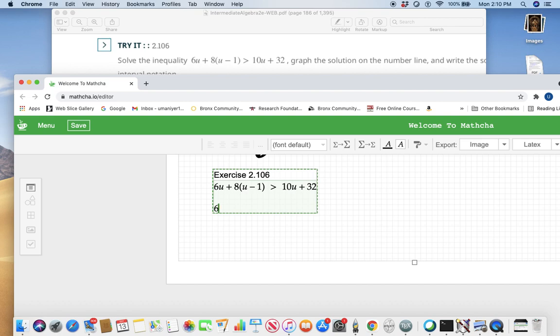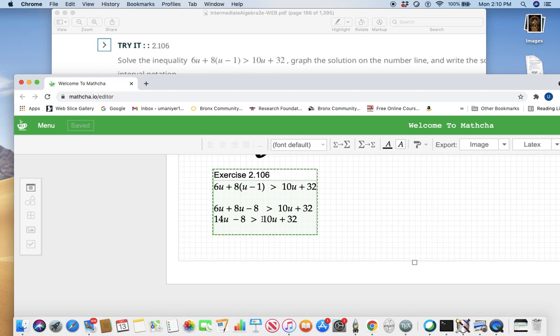So this is 6u plus, distribute, 8u minus 8 is greater than 10u plus 32. 6u plus 8u is 14u minus 8 is greater than 10u plus 32.